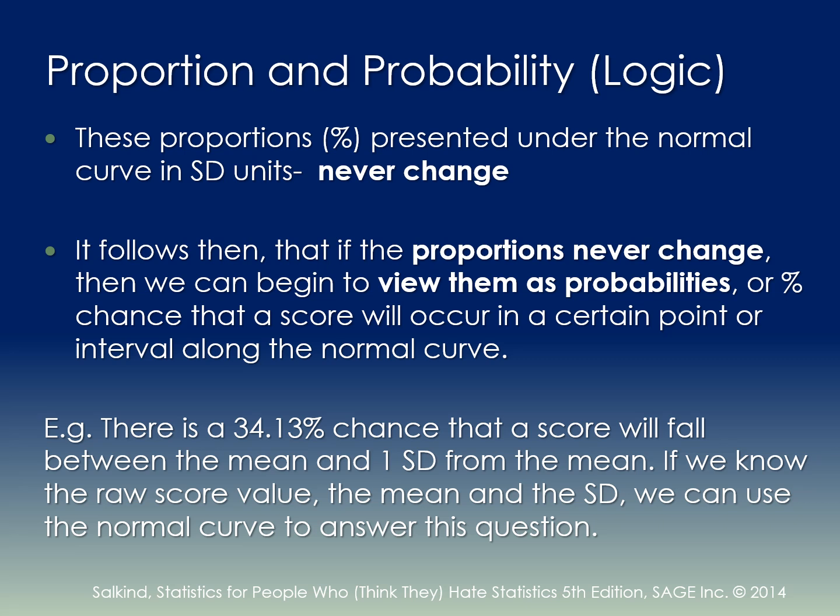What are the chances a score is going to fall between 2 and 3 standard deviations above the mean? I can look at the proportionality, and it's a little over 13% in that case, isn't it? So this is how we begin to use the normal curve. We've now gone from proportion to probability, and I want to show you why that is.